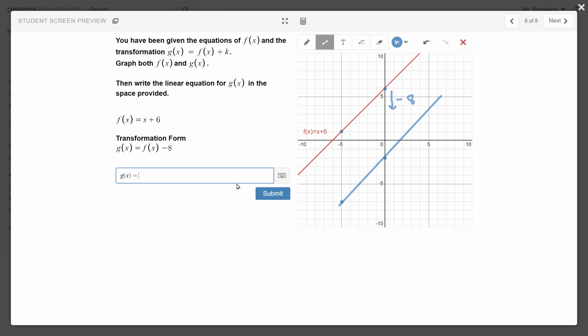Transformation form. So what do we get if I go x plus 6 minus 8? It becomes x minus 2, and that makes sense, doesn't it? Because what is the y-intercept over here? The y-intercept over here is negative 2, right? So yeah, x plus 6 minus 8 is x minus 2.